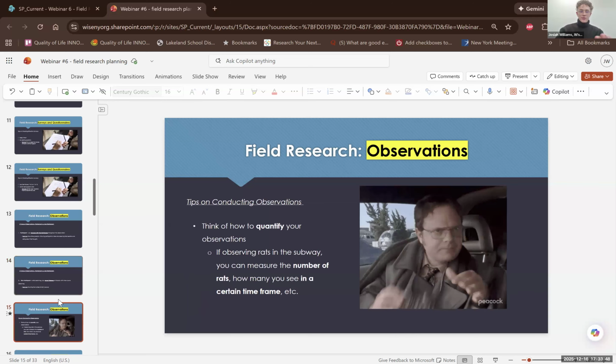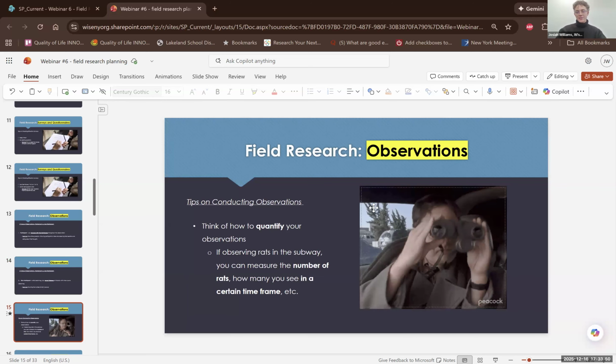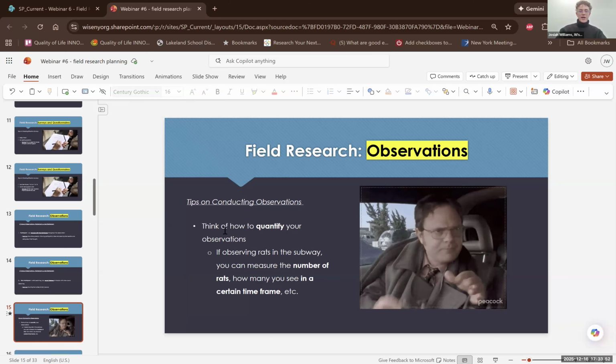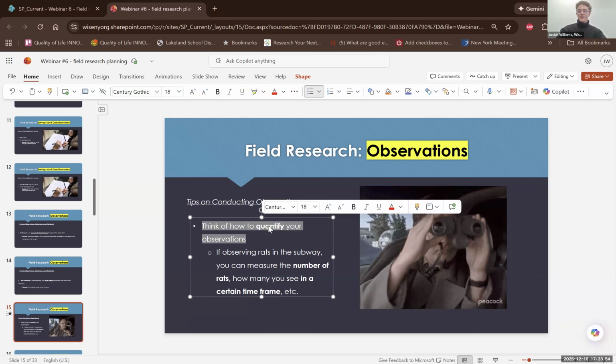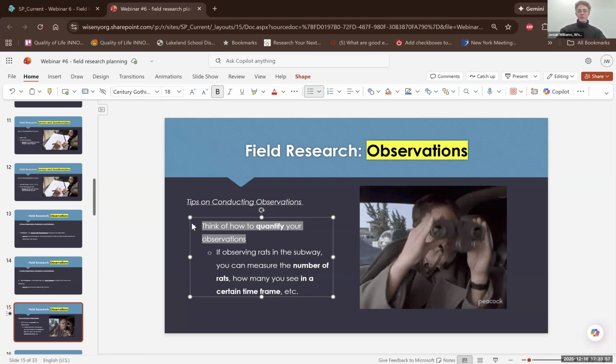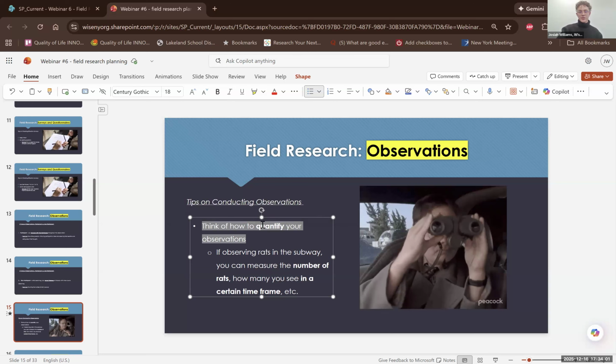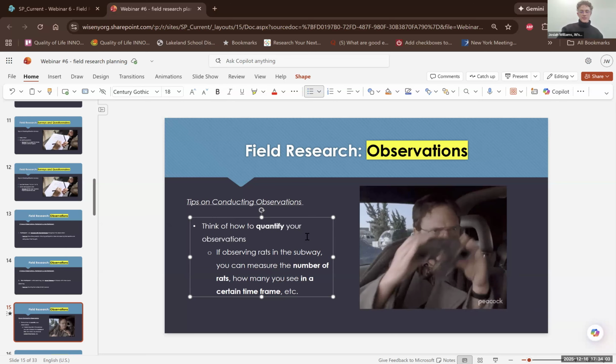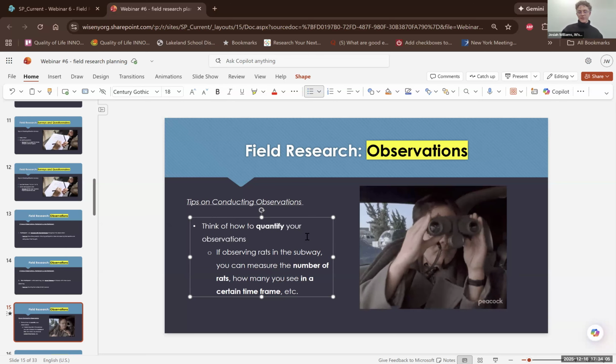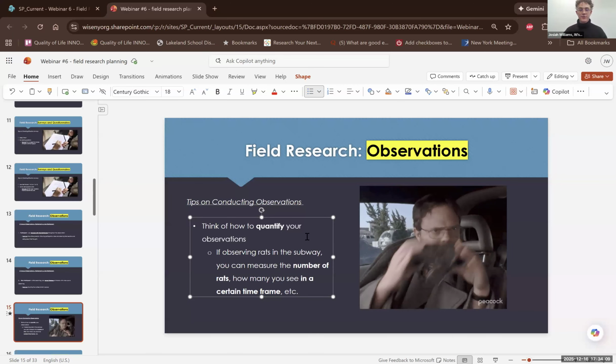Food for thought. It's really important too, before I move on past observational research, that you quantify your observations. Think about how to quantify your data, because observational research is wonderful, but we have to take that data and turn it into something that we can do statistics on, right?